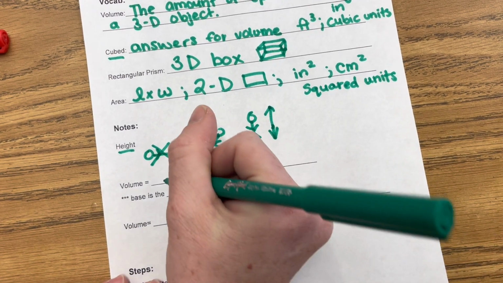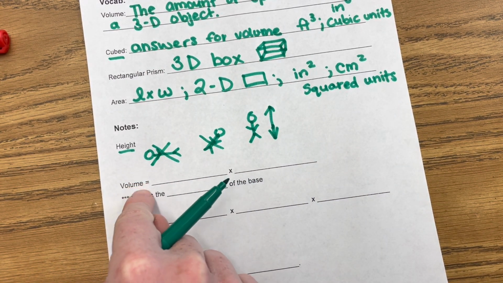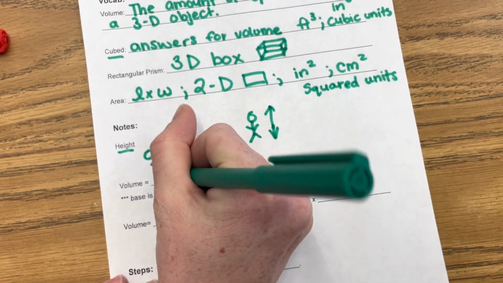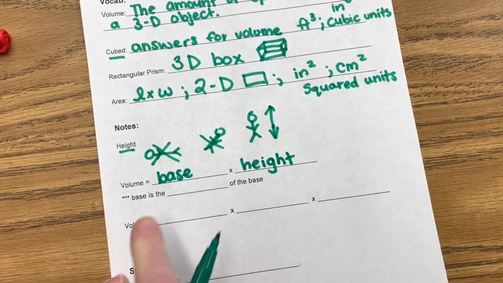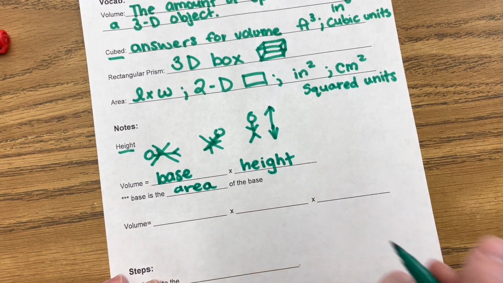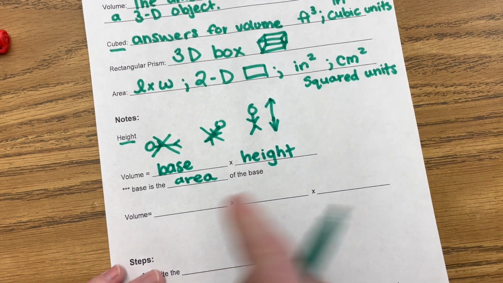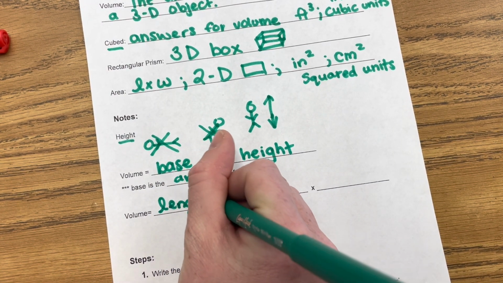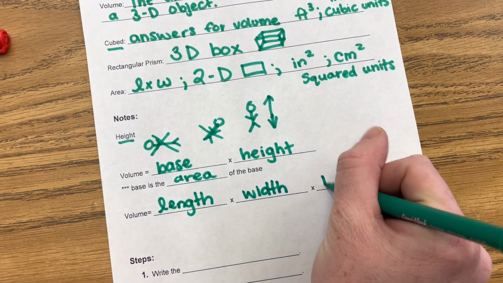Volume is the amount of space inside a 3D object, but how do we solve for it? We have two formulas. Our first formula is base times height, and base is the area of the base. We just found the formula for area right here. And then volume is length times width times height.